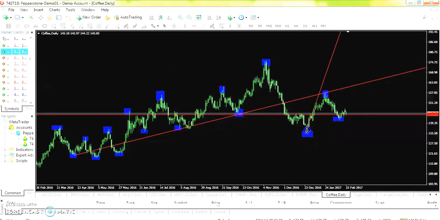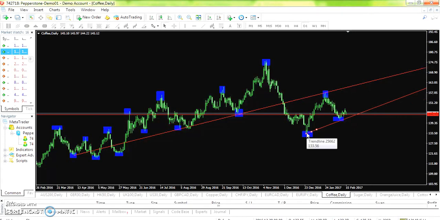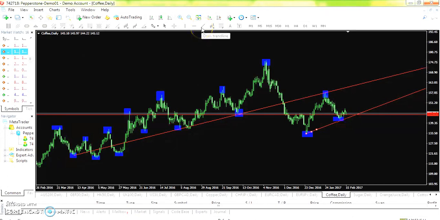For this we need to combine these two points. This is the lower low point, this particular point is the lower low point, so we need to connect this lower low point and the new lower low point.